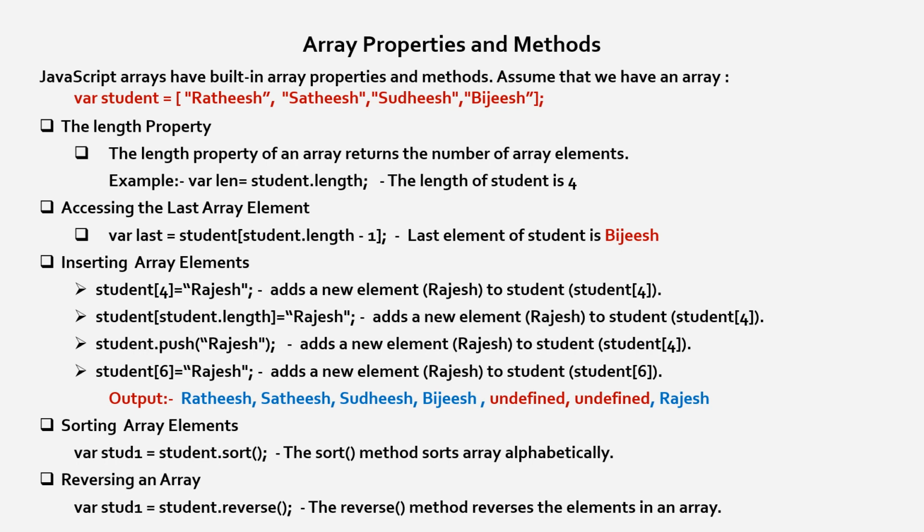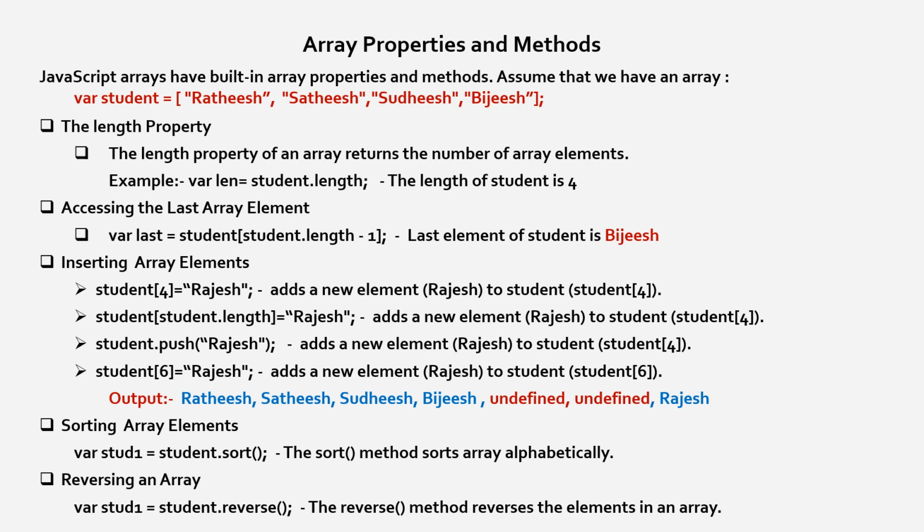Now another important thing to remember: you have inserted, but the index, as I already told you, is now 3. Suppose you want to add an element at student of 6. Will it work out properly? Definitely that will work, but there is a problem. Here is student of 3, student of 4, student of 5, then student of 6.